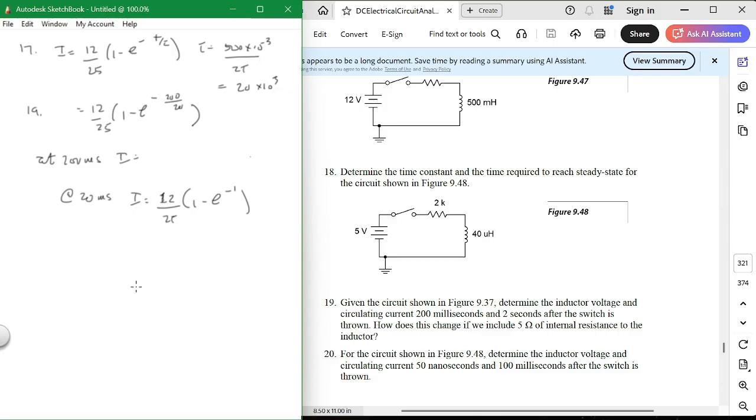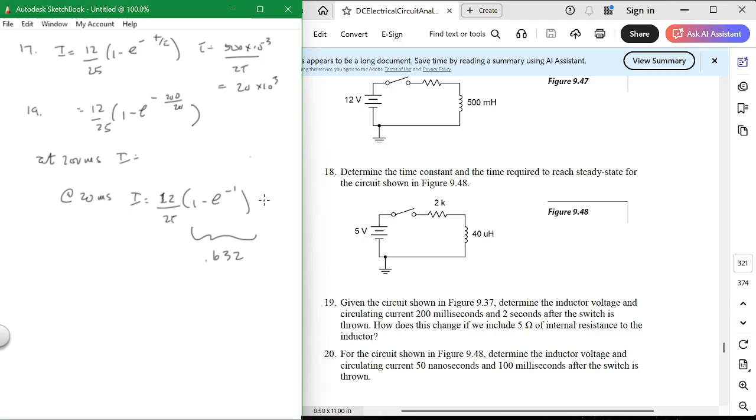This part right here, 1 minus e to the minus 1, is 0.632. And that 0.632 times 12 divided by 25 equals 0.303.